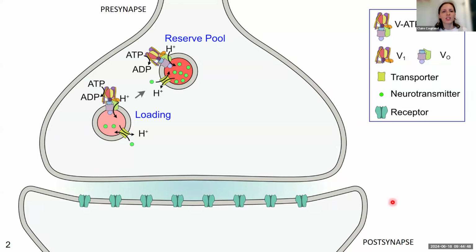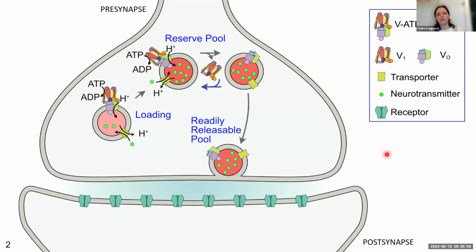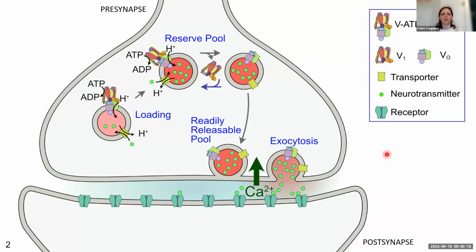Once the synaptic vesicles are loaded, they form the reserve pool. At some stage, prior to docking of the synaptic vesicles, there's dissociation of the V1 region from the VO region. This has to occur prior to vesicle fusion. The vesicles then dock at the presynaptic membrane. When an action potential, a nerve signal, enters the neuron, there's an influx of calcium, and the neurotransmitter is released when the vesicle undergoes exocytosis.